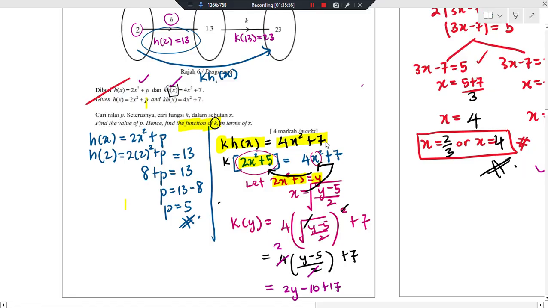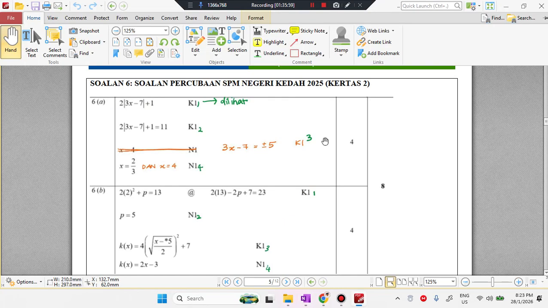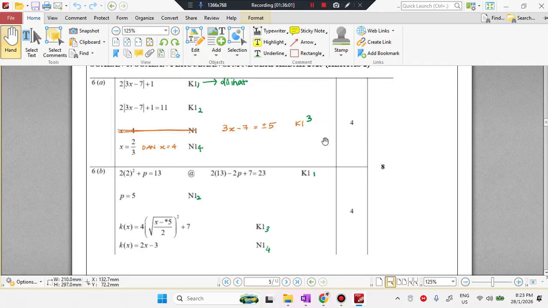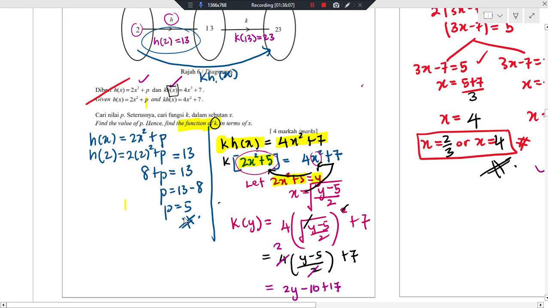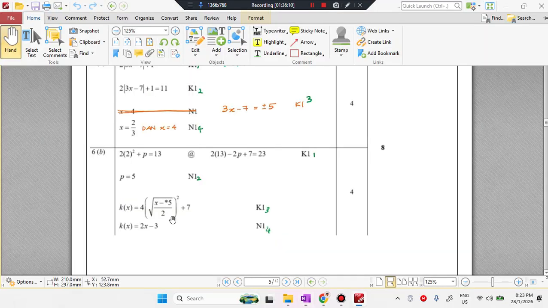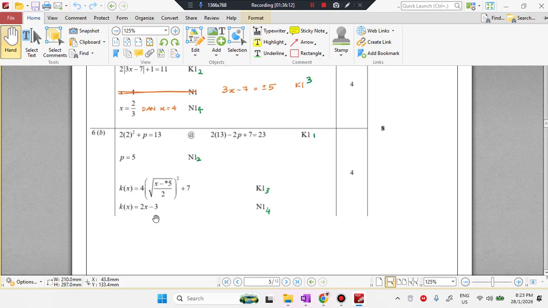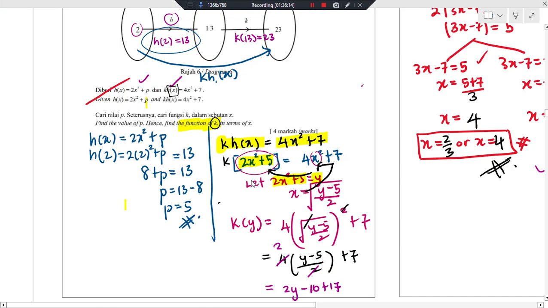Kan? Just follow what I teach you. Let me see first. Okay, benda tu betul. So, saya dapat 2y plus 7, 2x plus 7 lah, not 17, sorry. 7. Dia kadang-kadang answer skema pun dia akan salah juga. Okay. Don't worry.